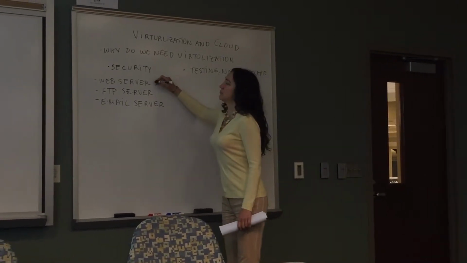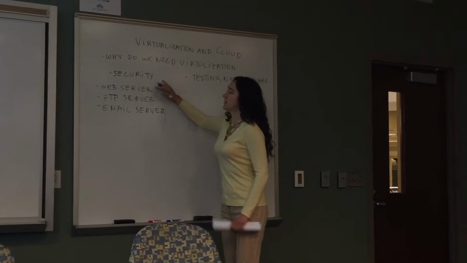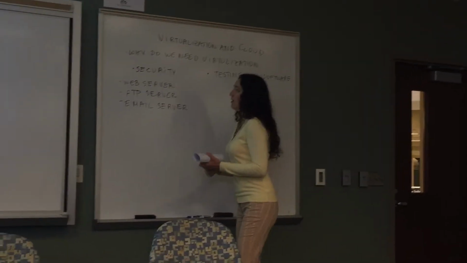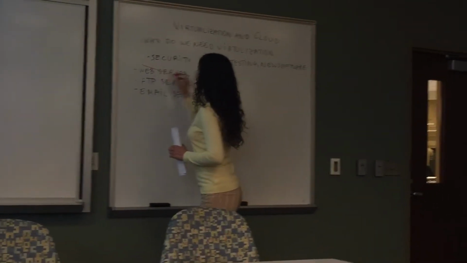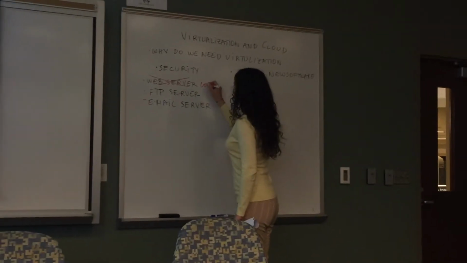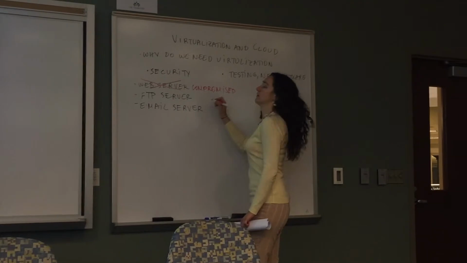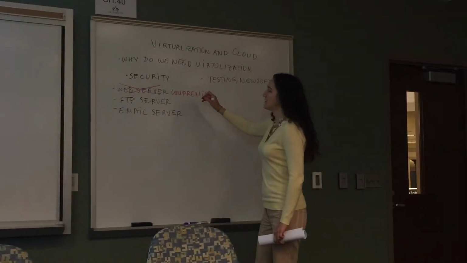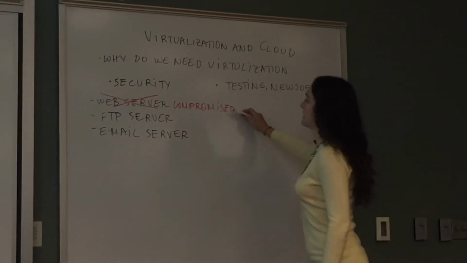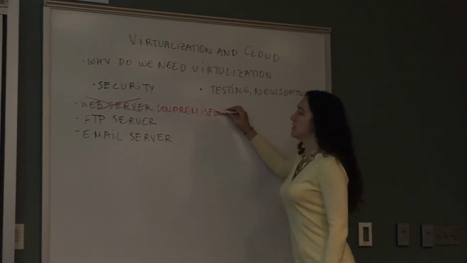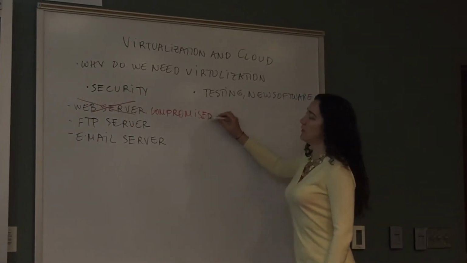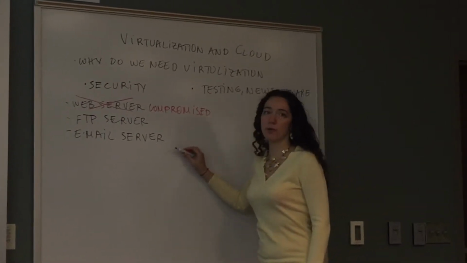If one of the machines was compromised, let's say the web server got compromised, then that machine is no longer useful, but the rest of them would still be running.